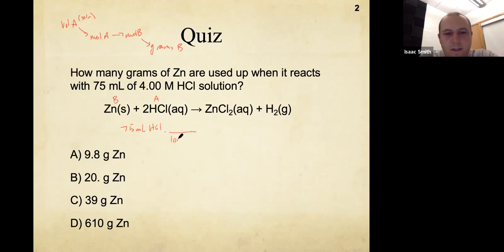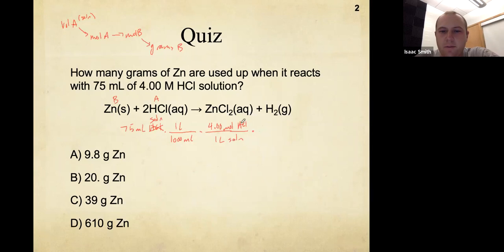So I'm just going to quickly convert the milliliters to liters, and then use the molarity, which is 4.00 moles of HCl for every 1 liter of solution. Sorry, this isn't HCl, this is actually 75 milliliters of solution.